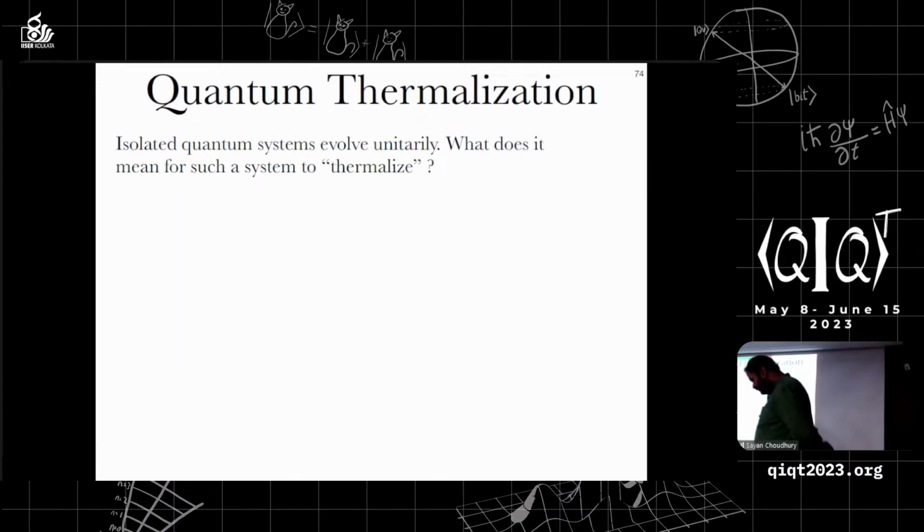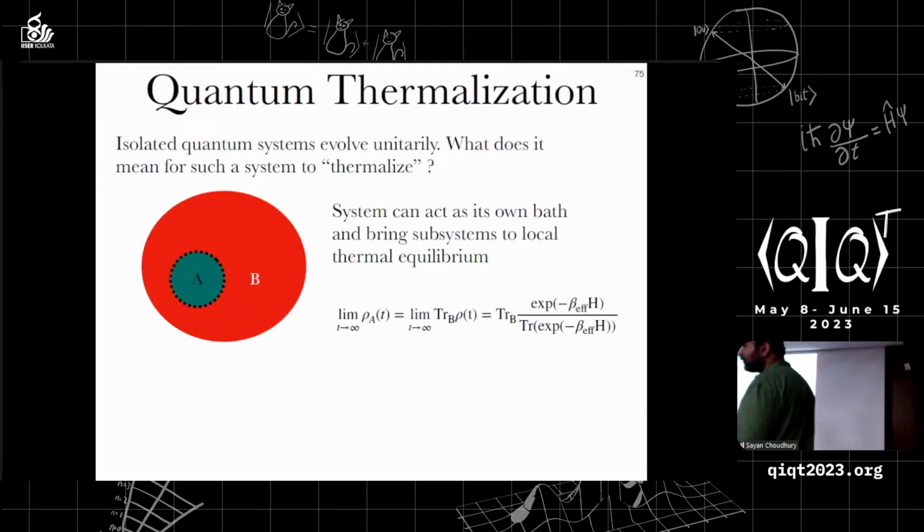Now, for isolated quantum systems, one interesting question is that the total system is evolving unitarily, so what do you mean for such a system to thermalize? Of course, we don't know this answer from StatMech. The answer is that the system can act as its own bath, bringing subsystems to local equilibrium.